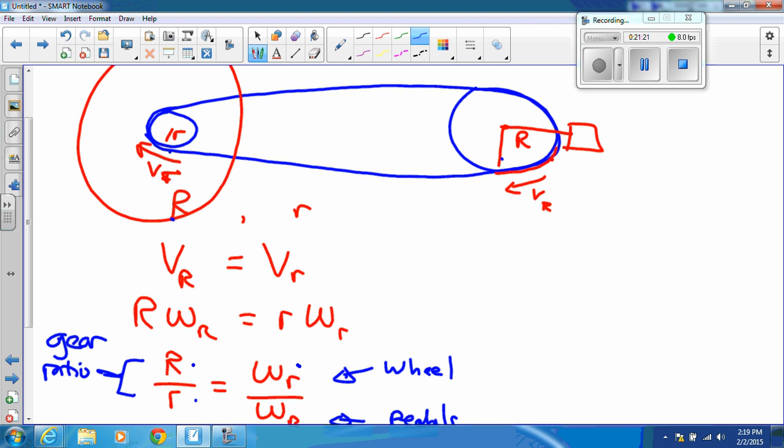And it's the wheel that's actually driving the bicycle. You see it? Yep. Good, great question. The chain drives the gear, but the wheel drives the bicycle. So the angular speed of this is what matters, and not the linear speed of the gear.